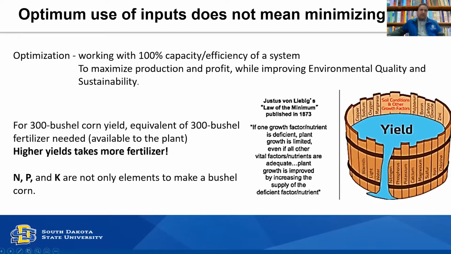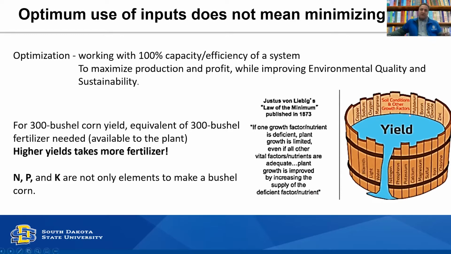Another point to consider is for a 300 bushel corn yield, you need proportional levels of nutrient available to the plant for that 300 bushel of corn. So in other words, higher yield takes more fertilizer, but it does not mean, again, you have to go and apply more fertilizer.